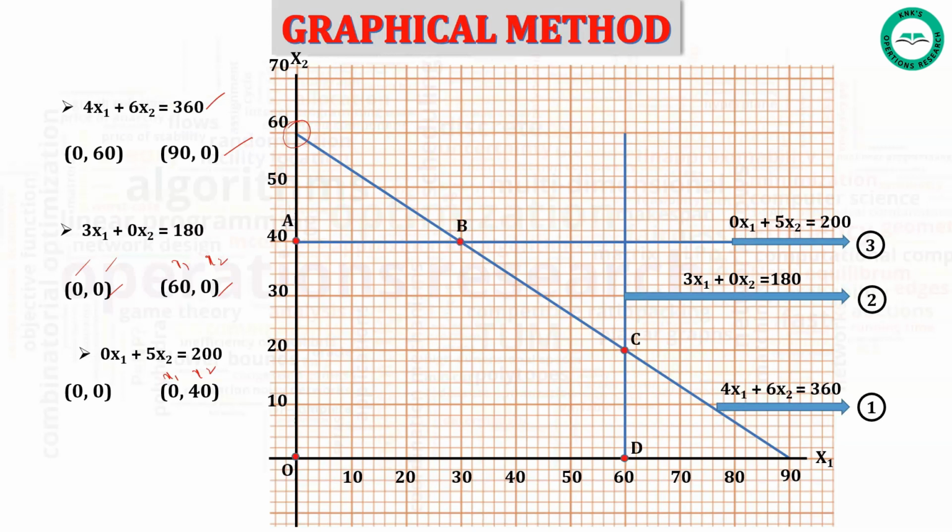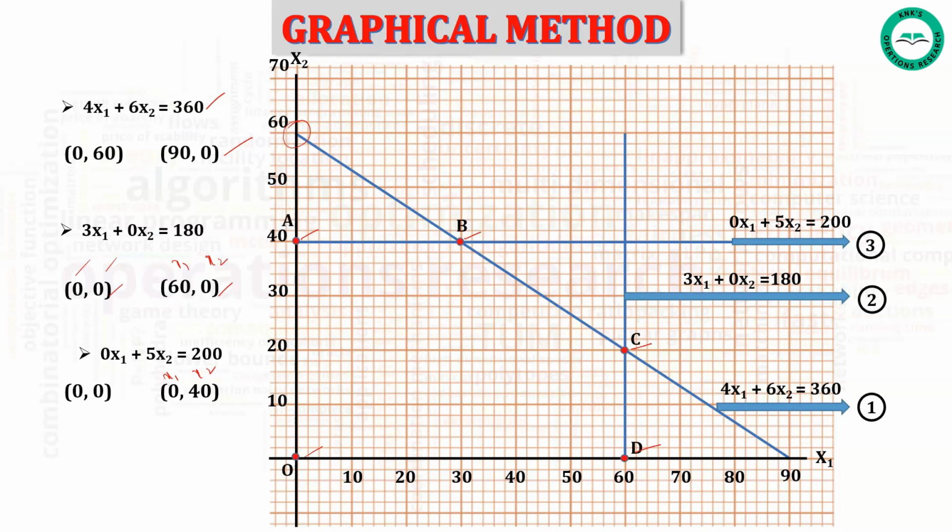The coordinates of the extreme points of the feasible region are 0, 0 and 0, 40, 30, 40, 60, 20 and 0, 60. So these are the extreme points.